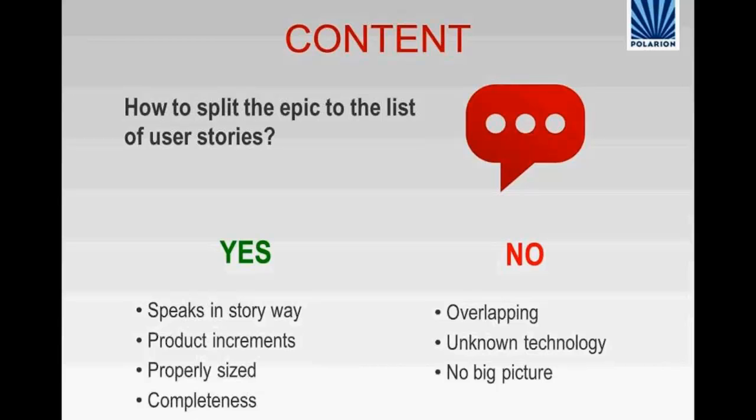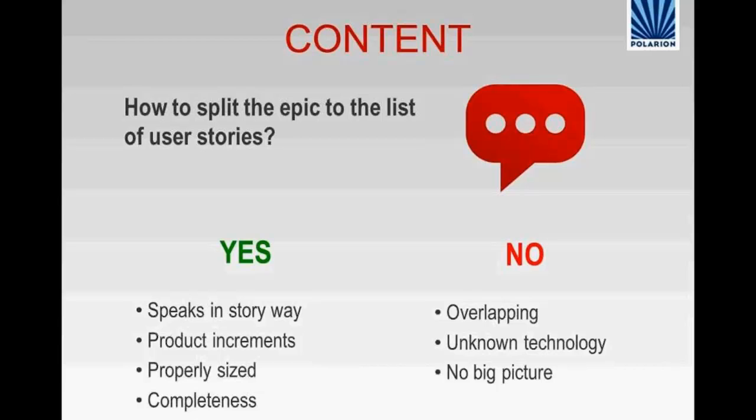So the user stories, as we can read from the title, should speak in a story way. This is important because we want everybody in the development team to understand the demand in the user's scenario way. It is a product increment because, of course, at the end, the user story motivates a developer to improve something in a product.